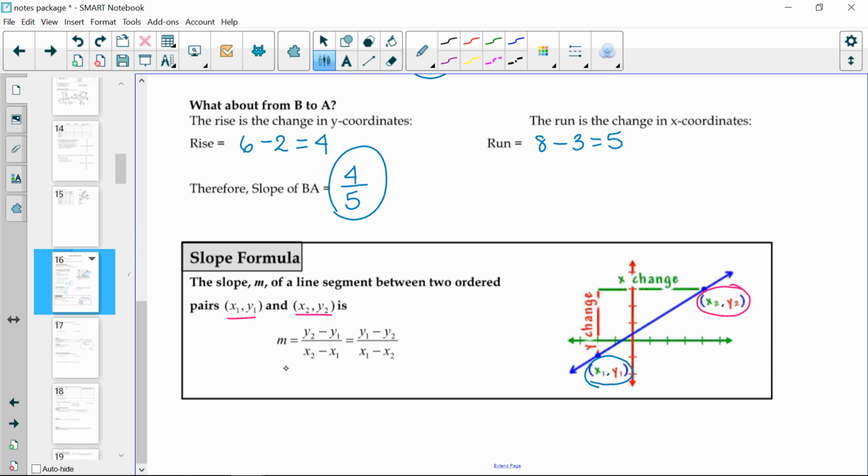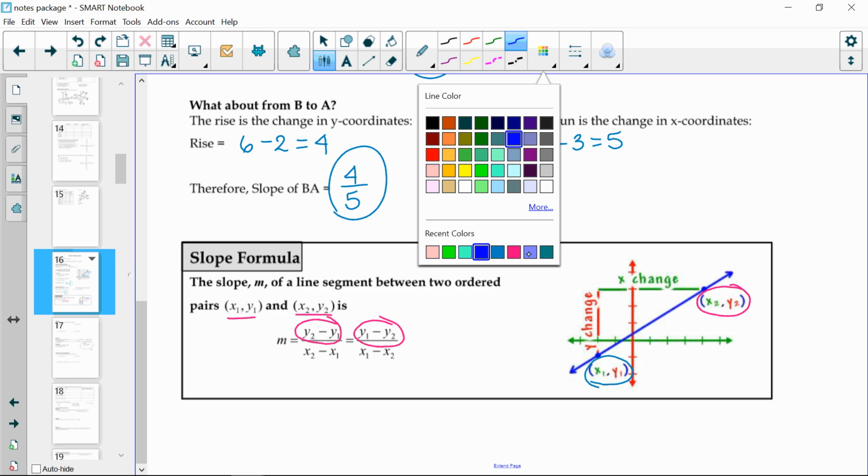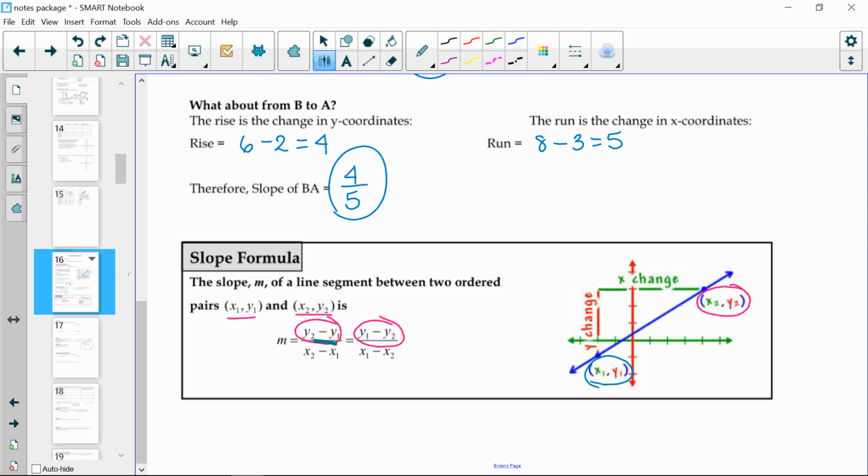So you could use the formula M equals the change in y, so y2 minus y1, or you could use y1 take away y2, over x2 minus x1, or x1 minus x2. It doesn't matter.